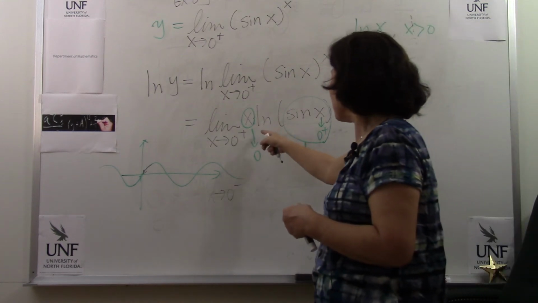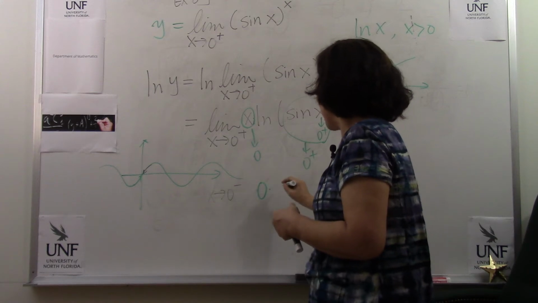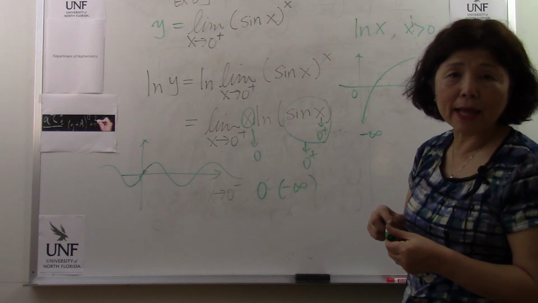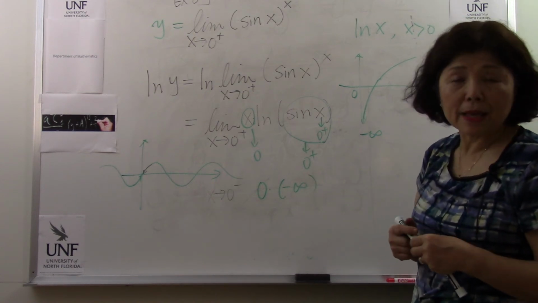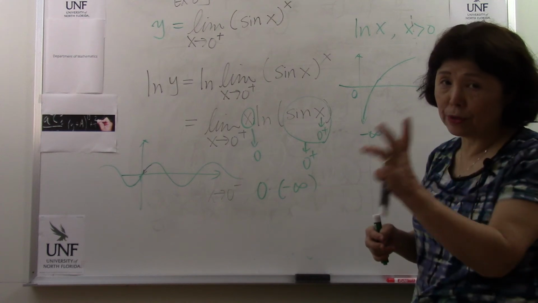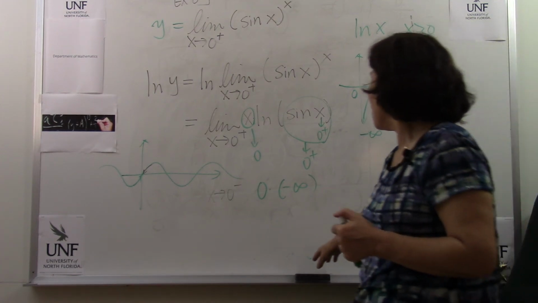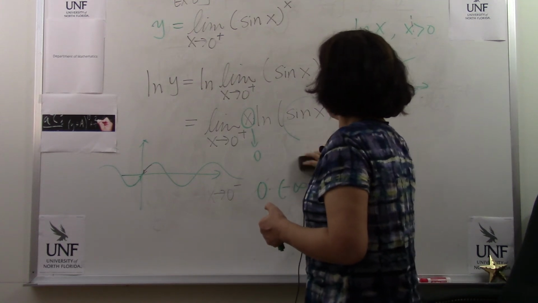So what kind of form is this? Again, 0 times negative infinity. Don't be distracted by the negative sign. It is the same as a 0 times infinity case; you simply put a negative sign on the answer. So this is 0 times this. We are going to overcome this. How?